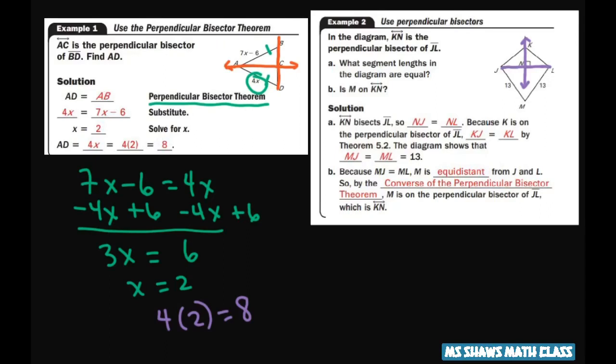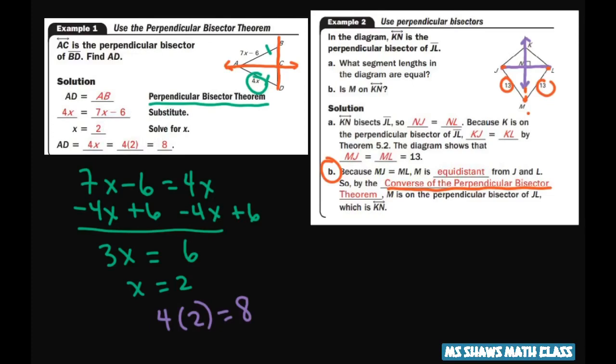And is M on KN? And this is from our second theorem. So M is equidistant from J and L, because these two numbers are the same. And so by the converse of the perpendicular bisector, M is on the perpendicular bisector if you extend that. So let's look back at this. So KN bisects JL.